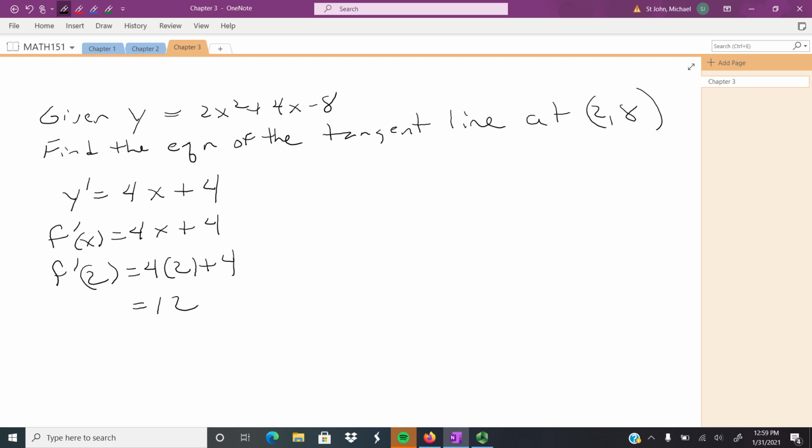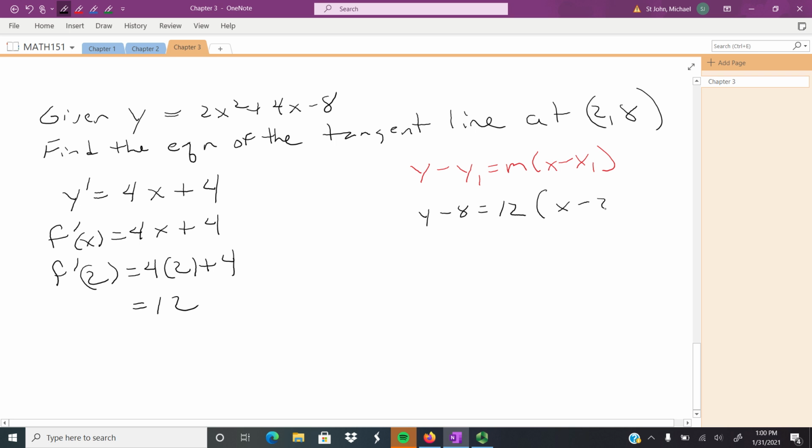We can now take that and plug it into this, which, if you remember, was your point-slope form for an equation of a line. So this is going to be y minus 8 equals 12 times (x minus 2). This would be 12x minus 24.